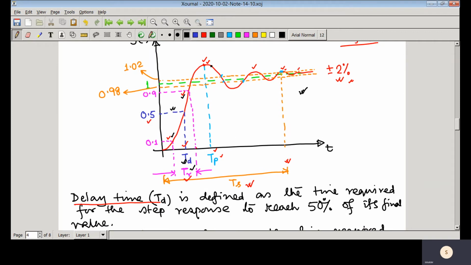That means you know when the first peak would come, when the second peak would come, and so on. But from those 4 definitions you won't be able to say how much the peak would be. To quantify that, we will introduce another definition called percentage of overshoot. We will be discussing it later.